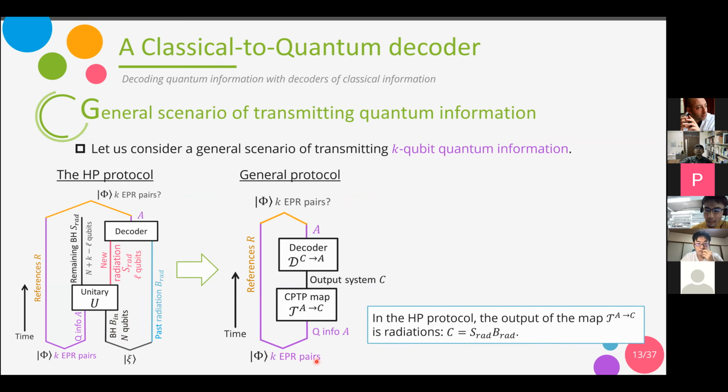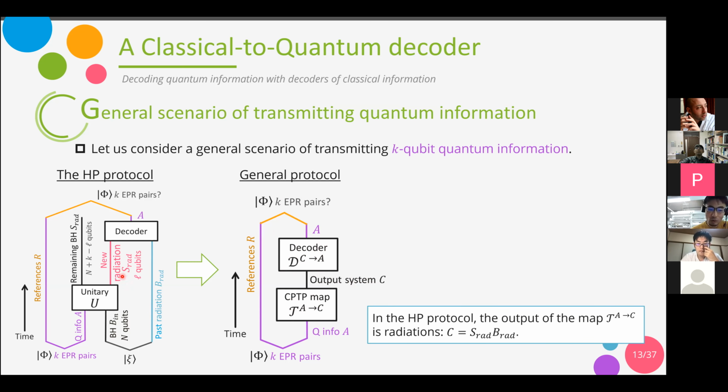We prepare k EPR pairs initially, and we apply some CPTP map T, and this CPTP map changes this quantum information system A to the output system C. Then we apply a decoder which recovers the system A from C, and we try to obtain the k EPR pairs between A and reference system R. This is a general protocol.